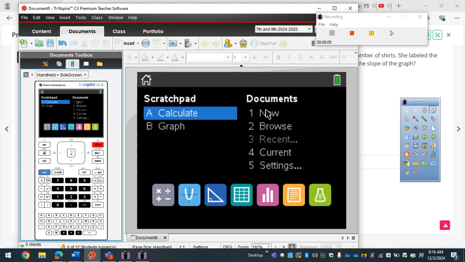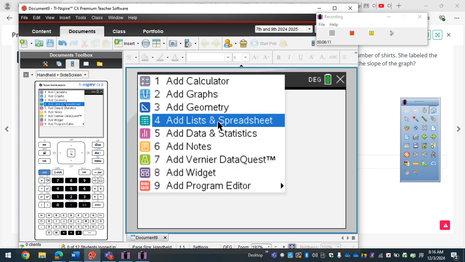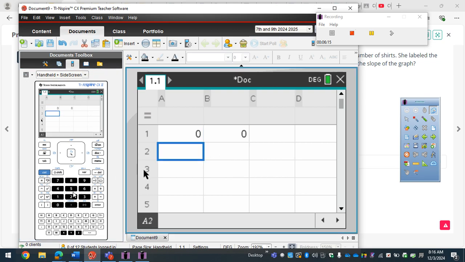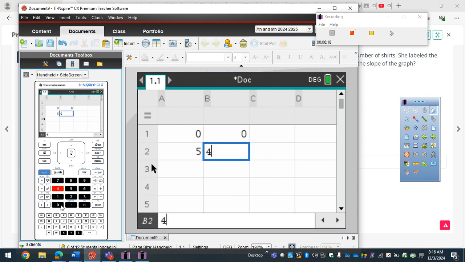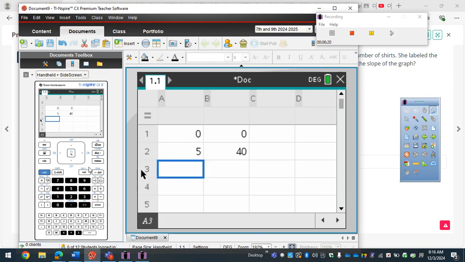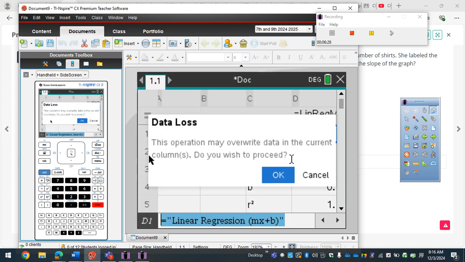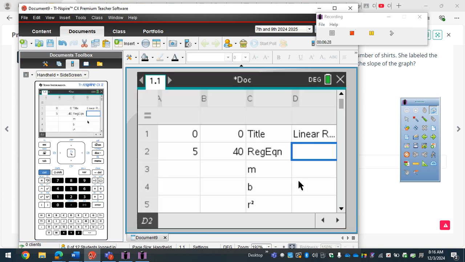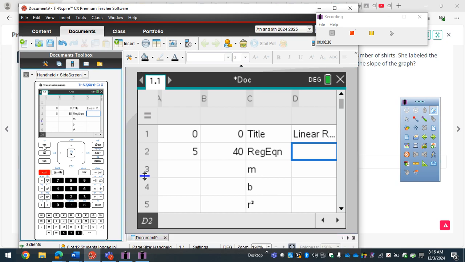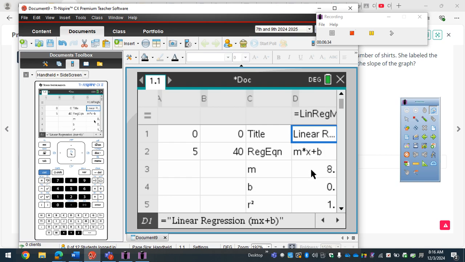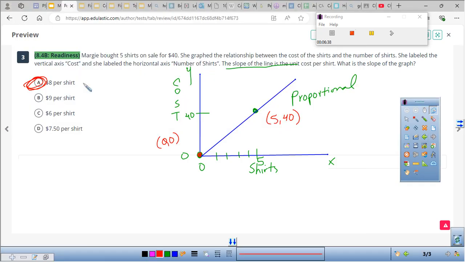Let's go to the calculator. I'm going to open a new document and put 0, 0 for the first point, and then 5 shirts for $40. Come right here, menu 4, 1, 3. And there it is. Slope is 8. That's one way of doing it.